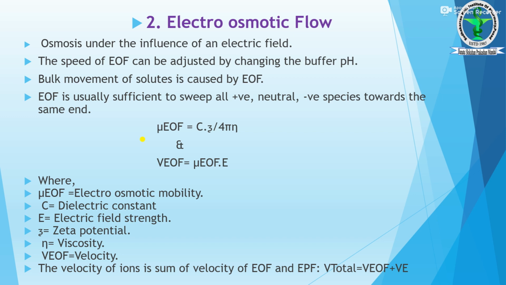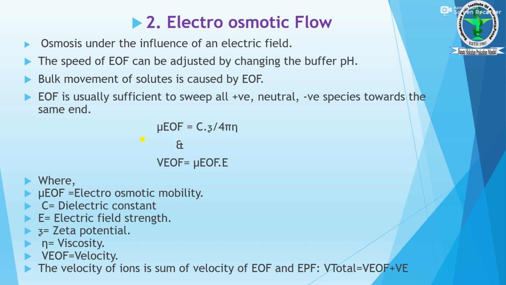Bulk means in large groups. EOF is usually sufficient to sweep all positive, neutral as well as negative species toward the same end. The electroosmotic flow works to bring them to the same side.